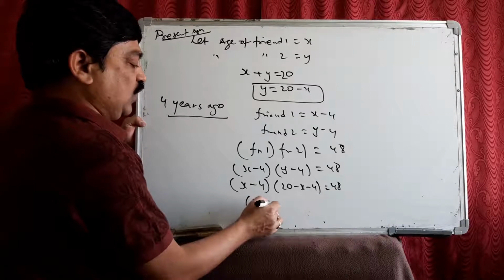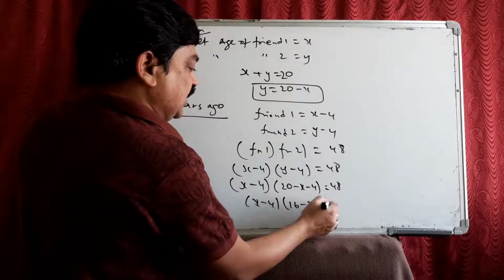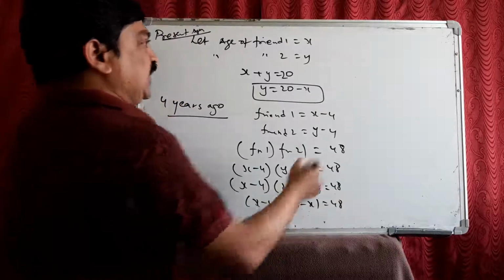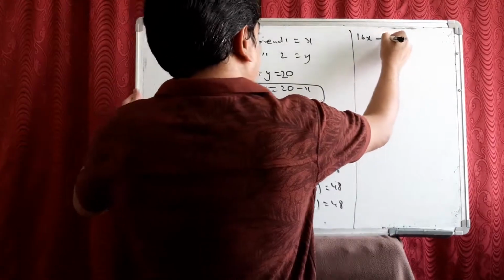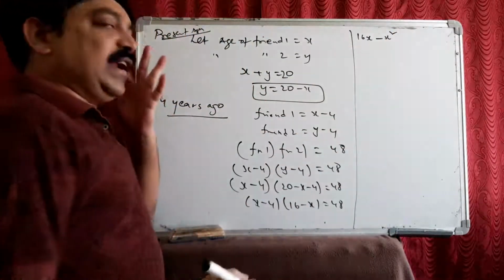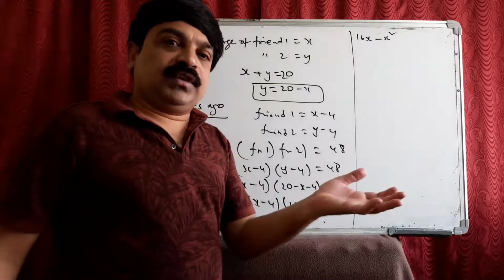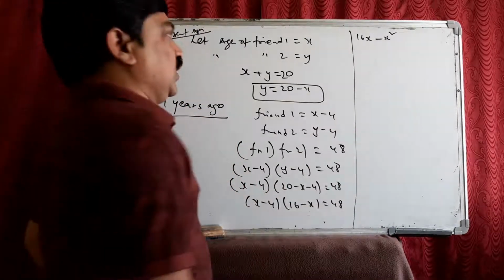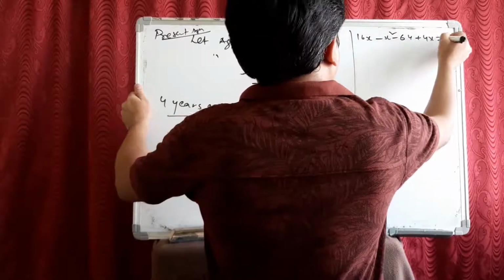Because we have to convert the whole quadratic equation to a single variable, 16 minus x is 48. Let us multiply this: 16x. What we are going to show here is, if you are getting the value of x, then the present situation is true. Otherwise we can conclude that the situation is not true. Minus 64 plus 4x is 48.